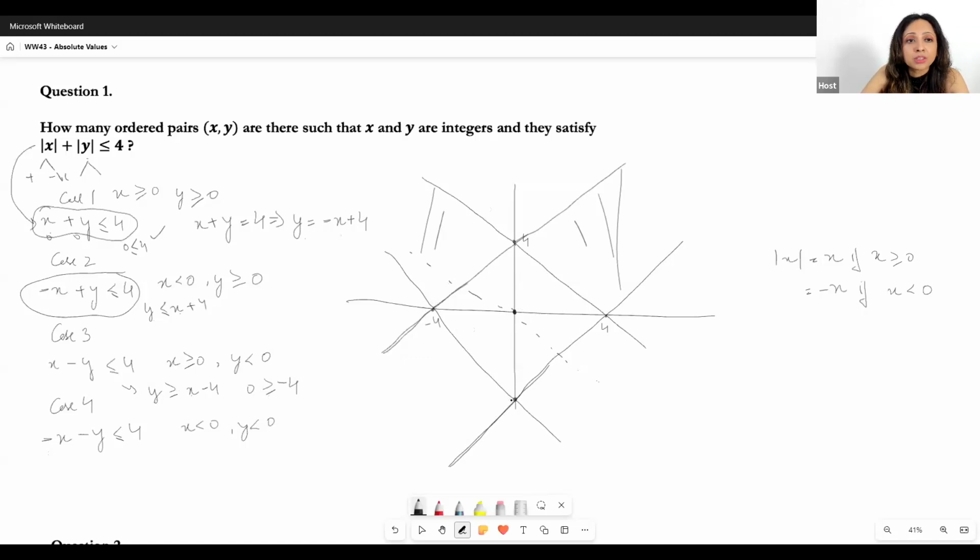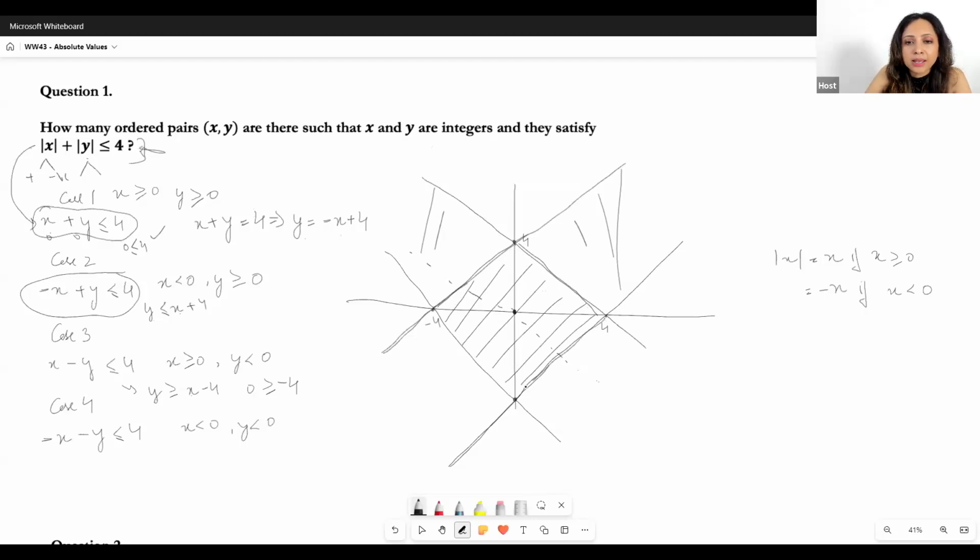So then, the 4 lines, they actually cover this entire region. This region is bounded by these 4 particular lines. Yeah. So then how many ordered pairs are there such that x, y are integers and they satisfy this inequality? What can I say? I can say that all the points where x, y are integers, in fact, all the points in any case, they satisfy this particular inequality, right?